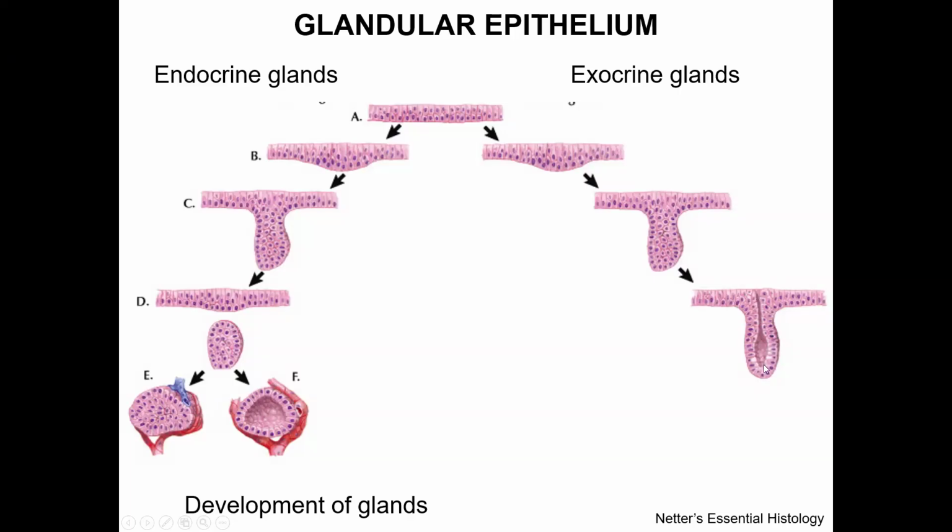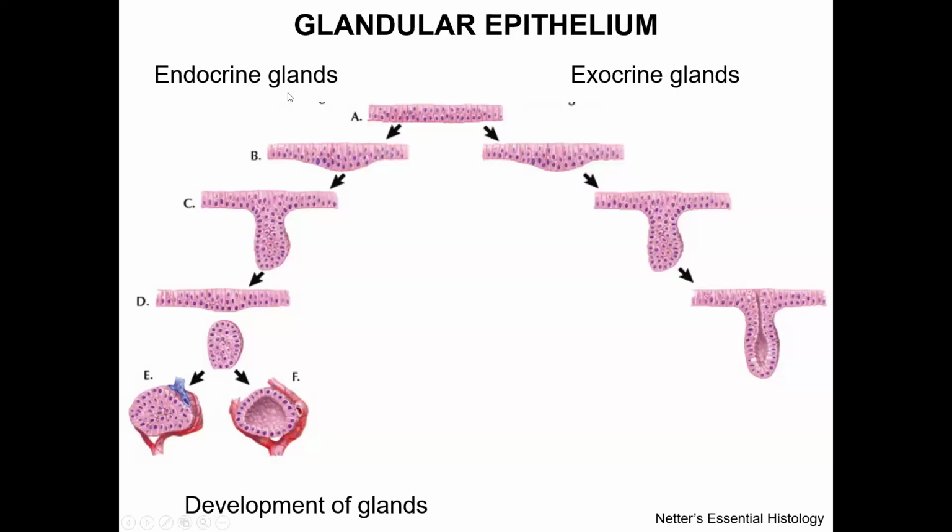That cavity becomes the lumen of the secretory unit that remains connected to a duct. And in this way, the exocrine glands are capable of producing a secretion that is delivered through a duct to the site where the secretion needs to reach.